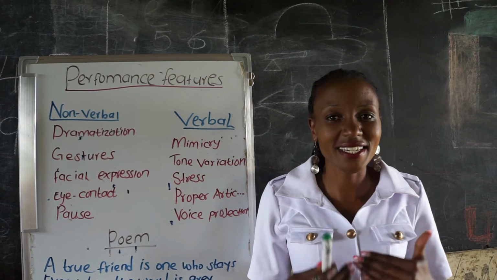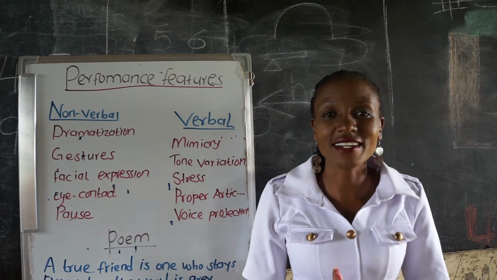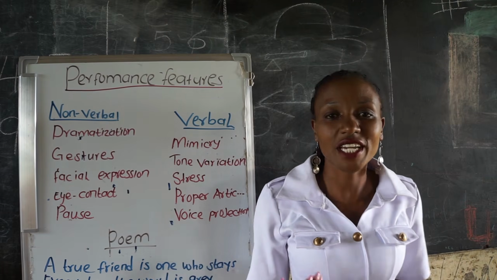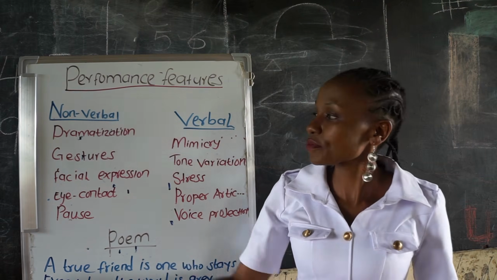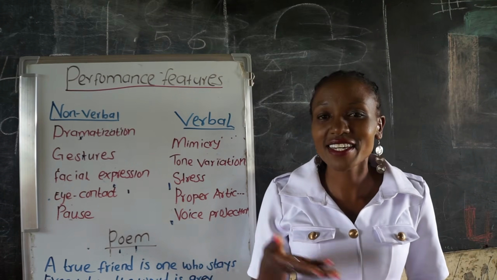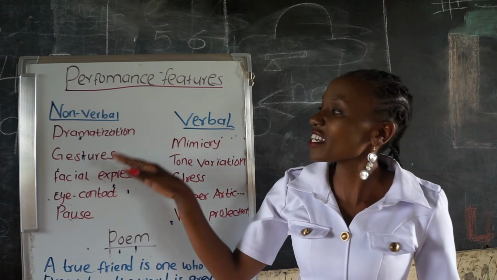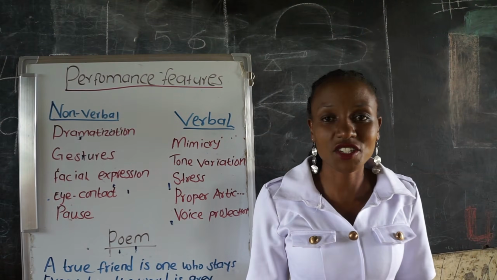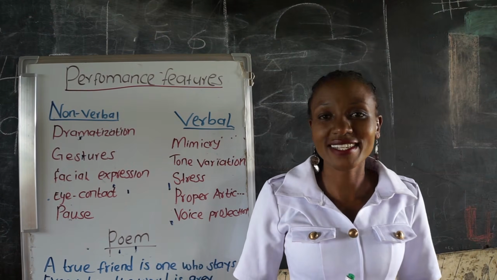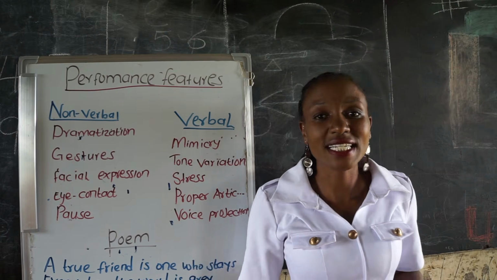Non-verbal means communicating without necessarily using words. And we have several ways. First of all, we have dramatization. This dramatization is imitation of an action. If you walk like me, the way Semi walks, you are dramatizing my walking style.